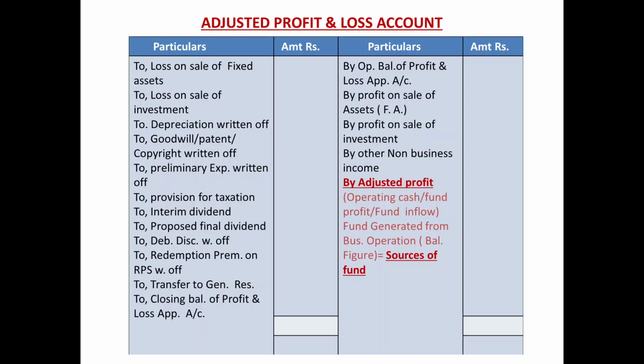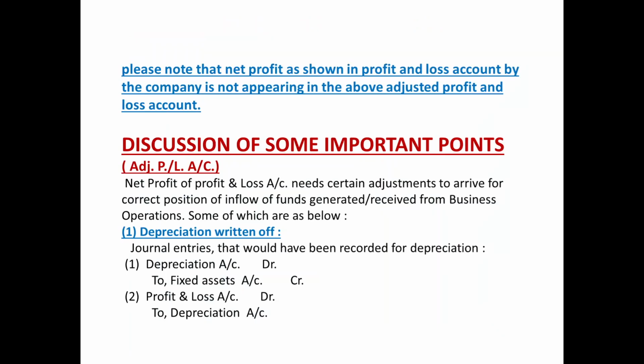As a source of fund, this would be reported on the sources side of the fund flow statement. Now let us discuss some important points of this adjusted profit and loss account.